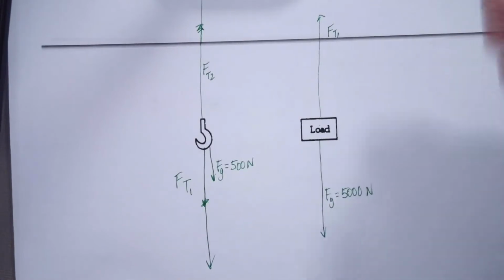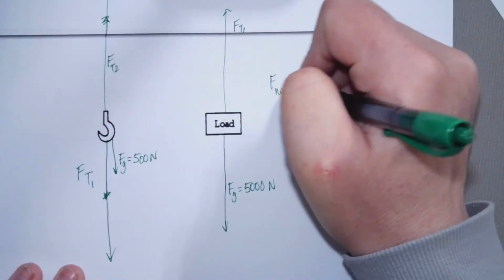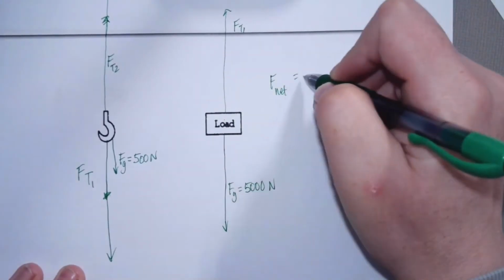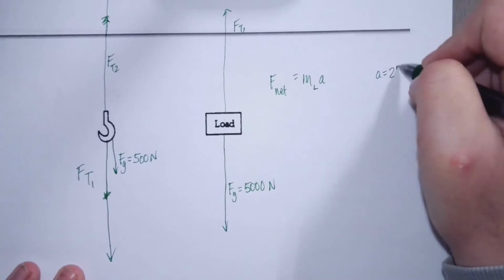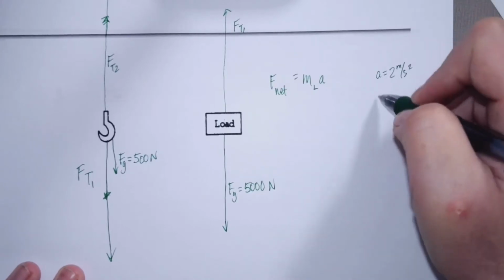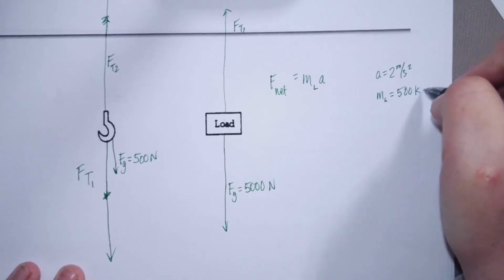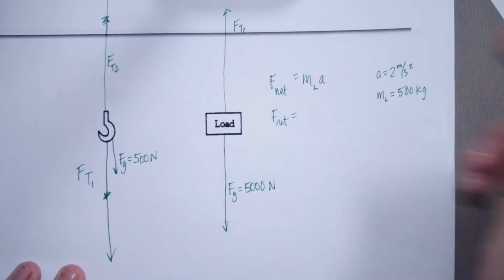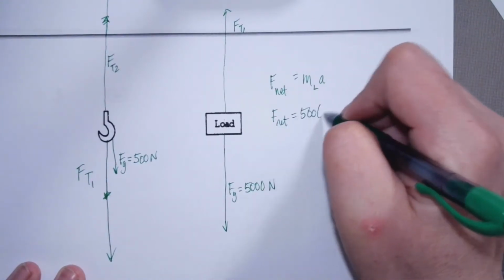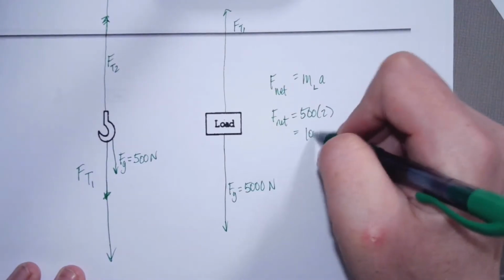So I know that my Fnet equals m of the load times a. a equals 2 meters per second squared. Mass of the load is 500 kilograms. So I know my Fnet equals 500 times 2, and that means it is 1,000 newtons.